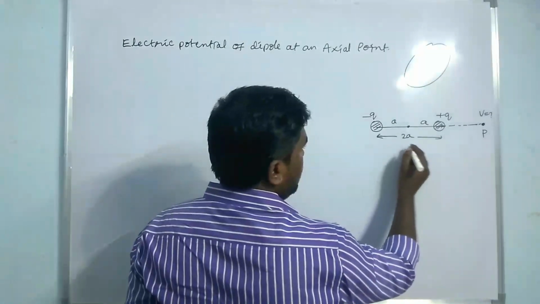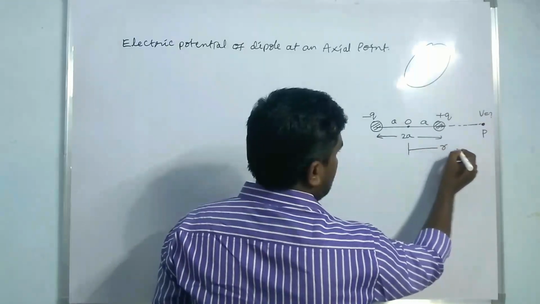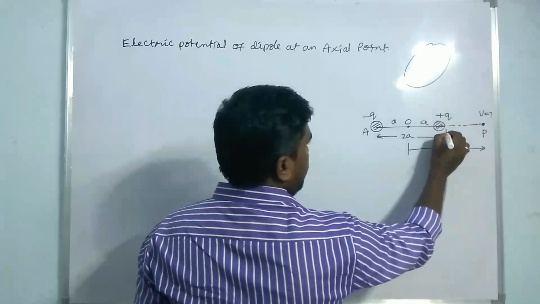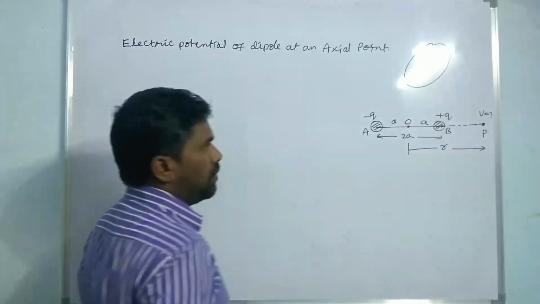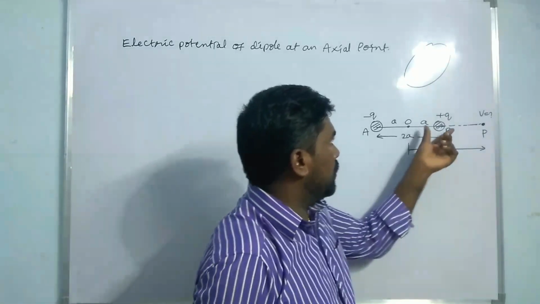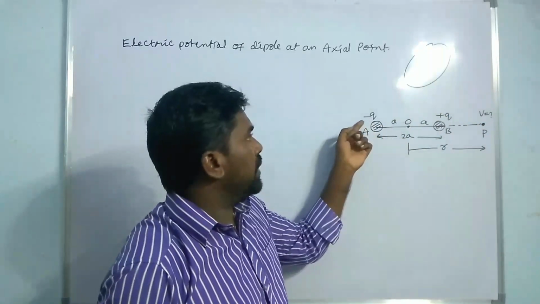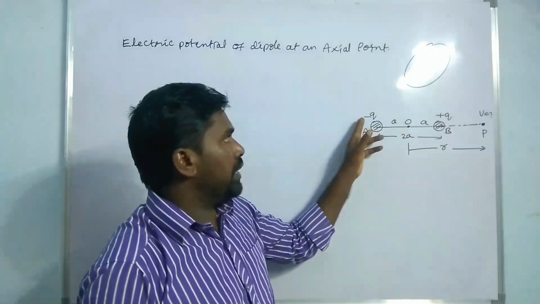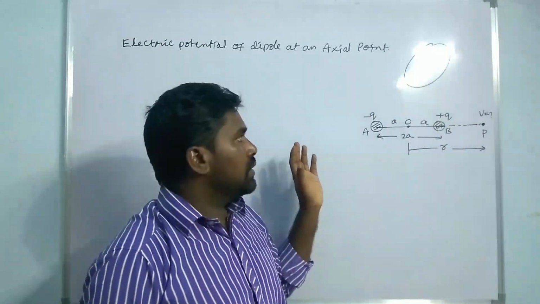The point P is at distance R from the point O. This is point A and point B. Minus Q is at point A, plus Q is at point B. The potential at P is due to two charges: the positive charge and the negative charge.